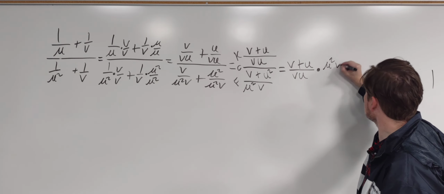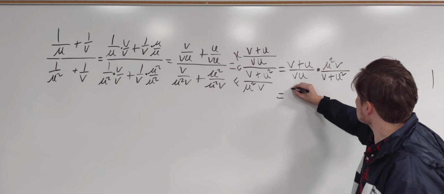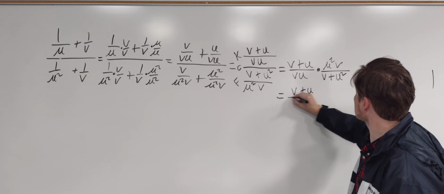Now we're getting close. Take a look. Write this as v plus u over vu times, now this is u squared, so it's like u times v over v plus u squared this way.